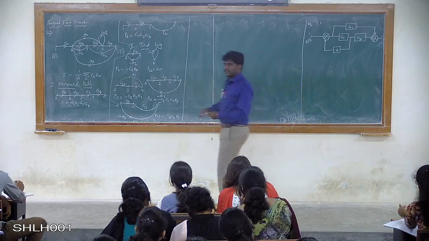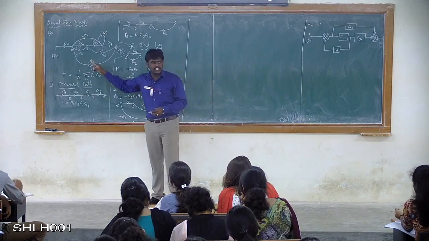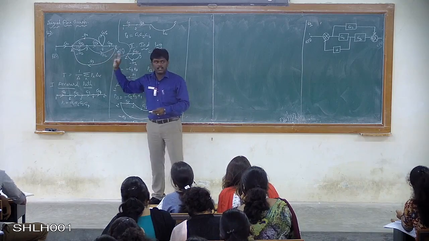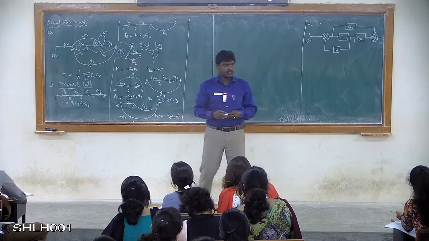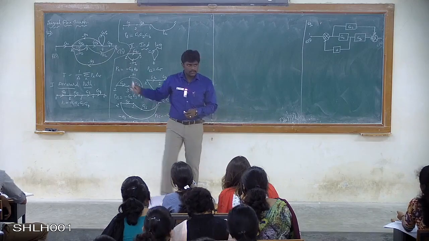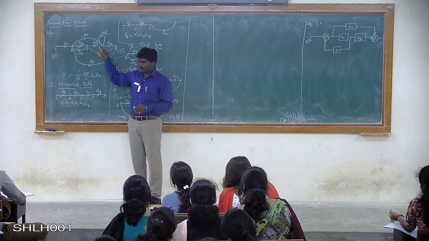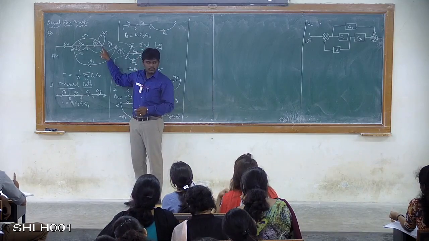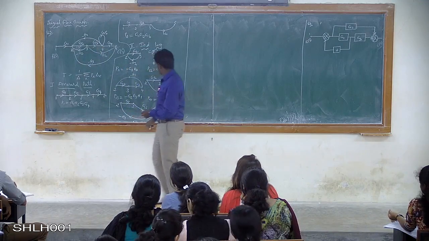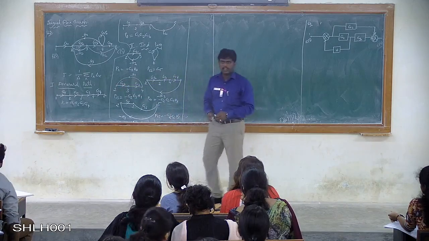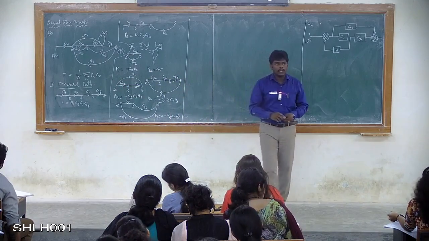Is there any other individual loop present in the given signal flow graph? Yes or no? What are the node numbers? 2 to 3, 3 to 4, then 4 to 2. We have already taken that as one individual loop, right?